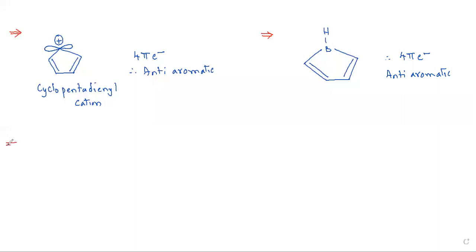Now, consider a nitrogen. Now, this is aromatic since it has got 6 pi electrons.